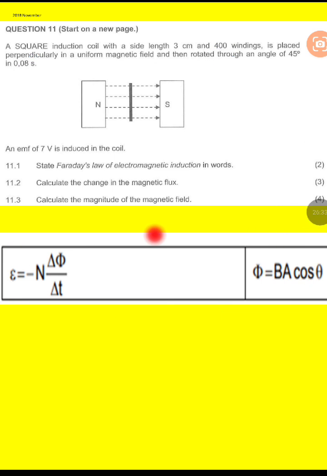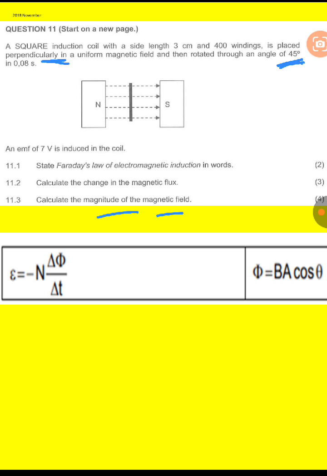Then, to continue, determine the magnitude of the magnetic field. Right, we can see that they are rotating it from perpendicular to 45 degrees.